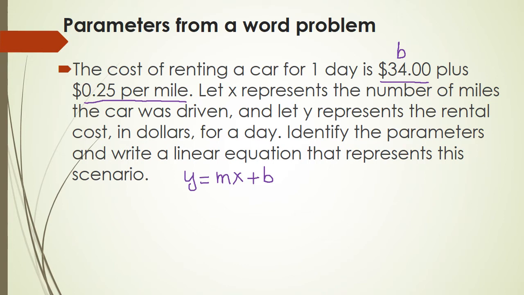We have a rate in this problem, which we will consider as the slope, or m. So the linear equation that can represent this scenario is y equals 0.25x plus 34, where 0.25 is the average rate of change or the slope, and 34 is the initial value or the y-intercept.